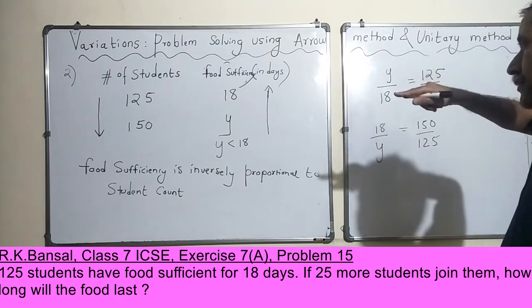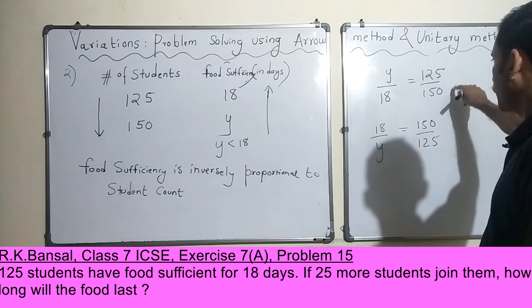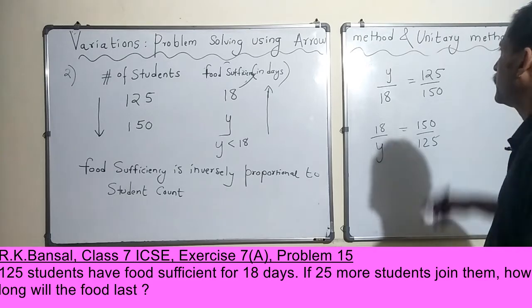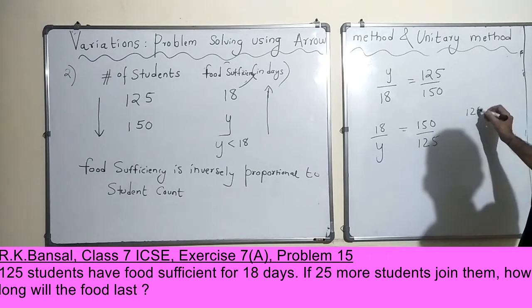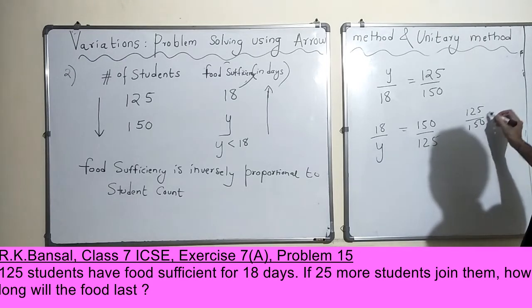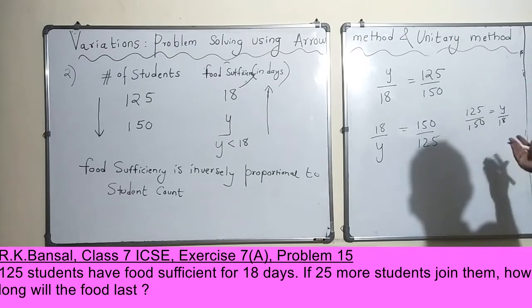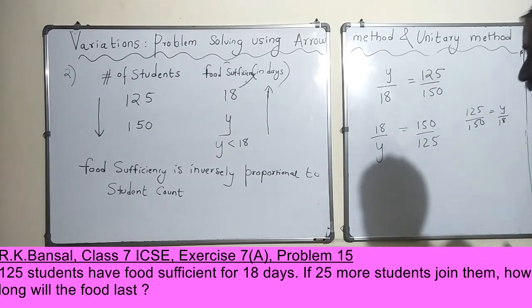125 by 150 is equal to y by 18. All right, so this is the same.